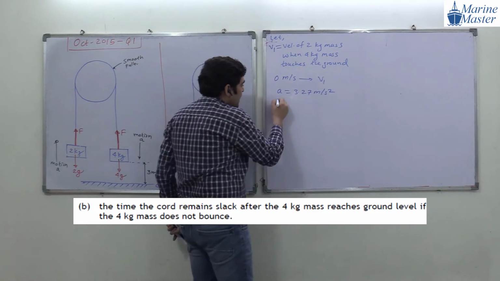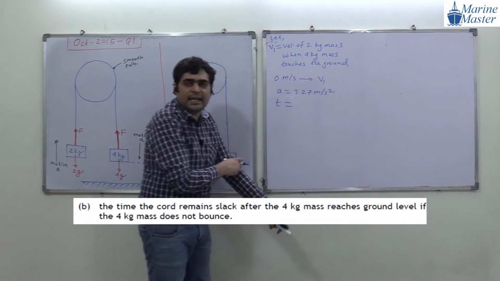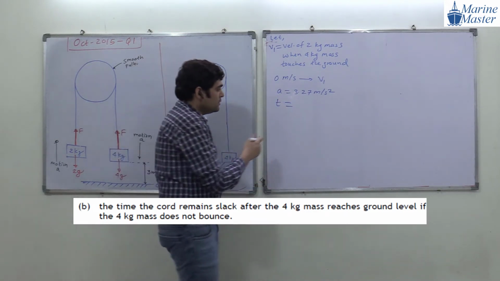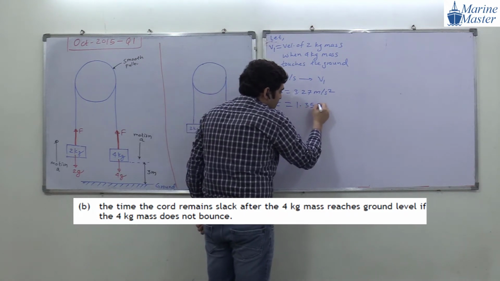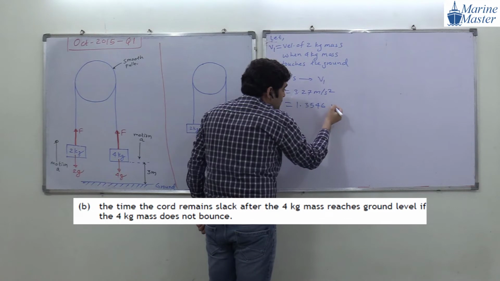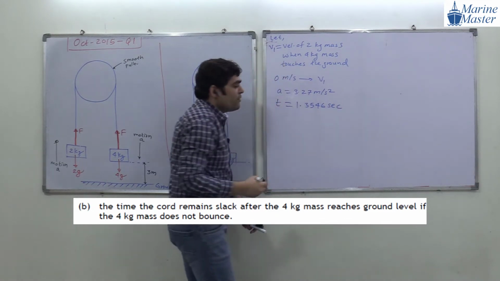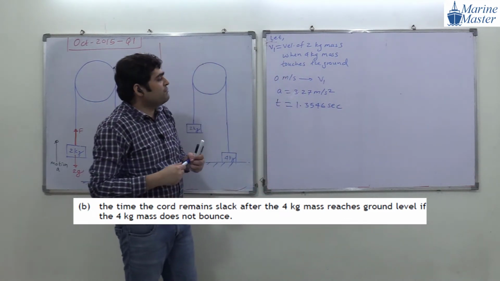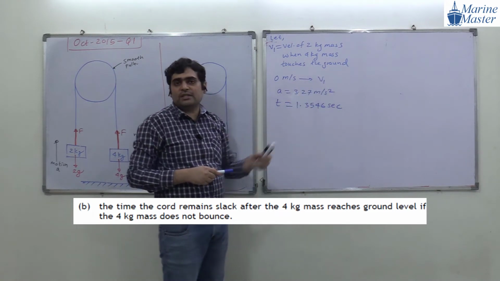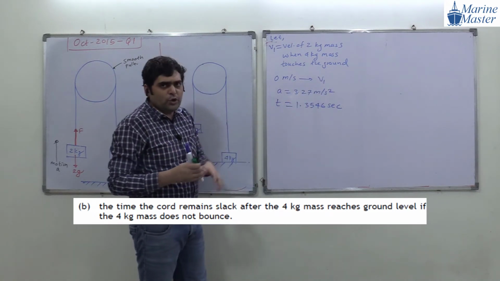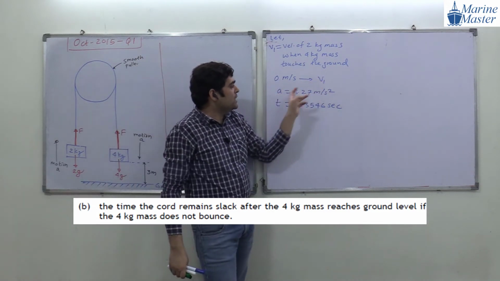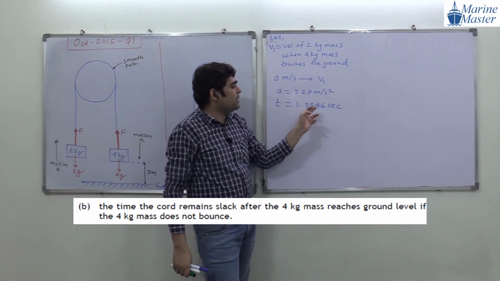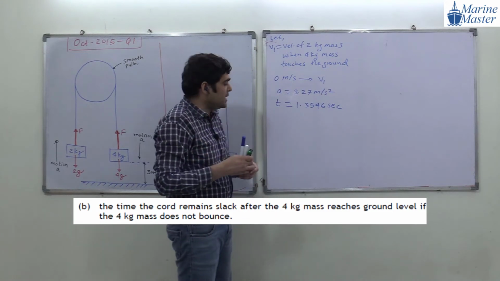So how much time did we calculate in part A? 1.354 seconds. We don't know the value of v1; we are going to calculate it. We achieved that value in 1.3546 seconds.